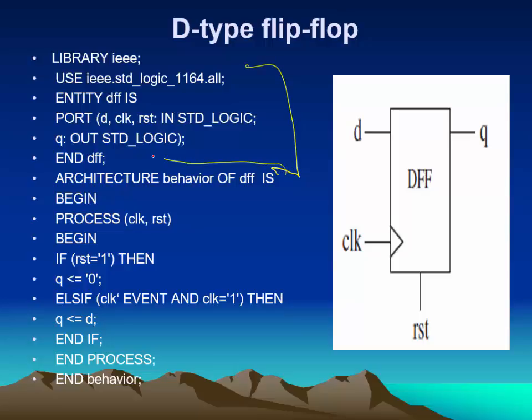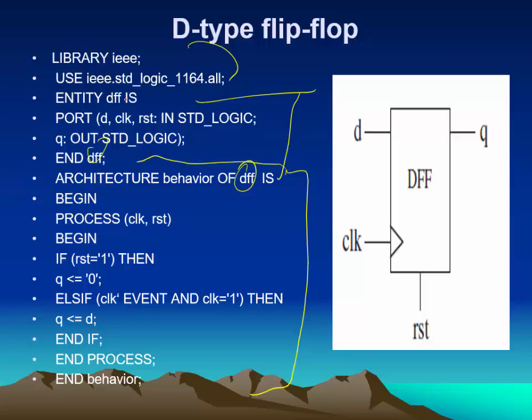this is our entity, excuse me. This is our entity right here. This is our library definitions right there. This is our D flip-flop right here. This is the architecture behavior of D flip-flop. Now, this name has to match this name, has to match those names.